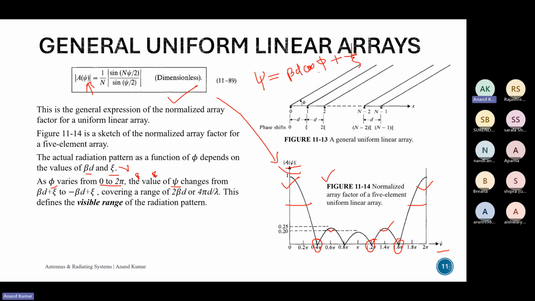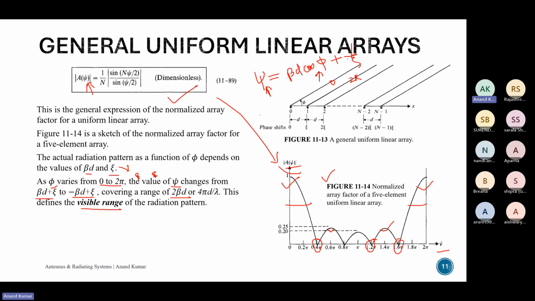So when phi varies from 0 to 2 pi, this psi term varies from beta d plus xi to minus beta d plus xi, so covering a range of 2 beta d. So that's what it says, and this is known as the visible range of the radiation pattern.